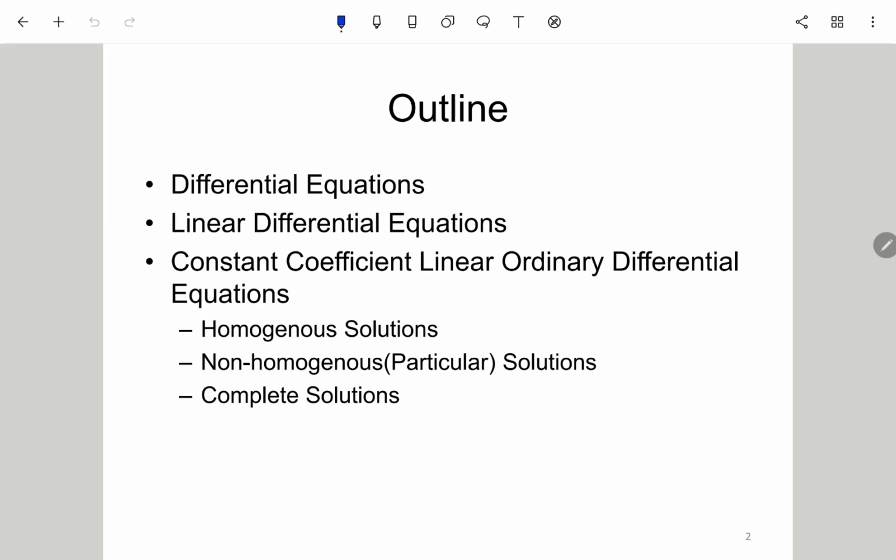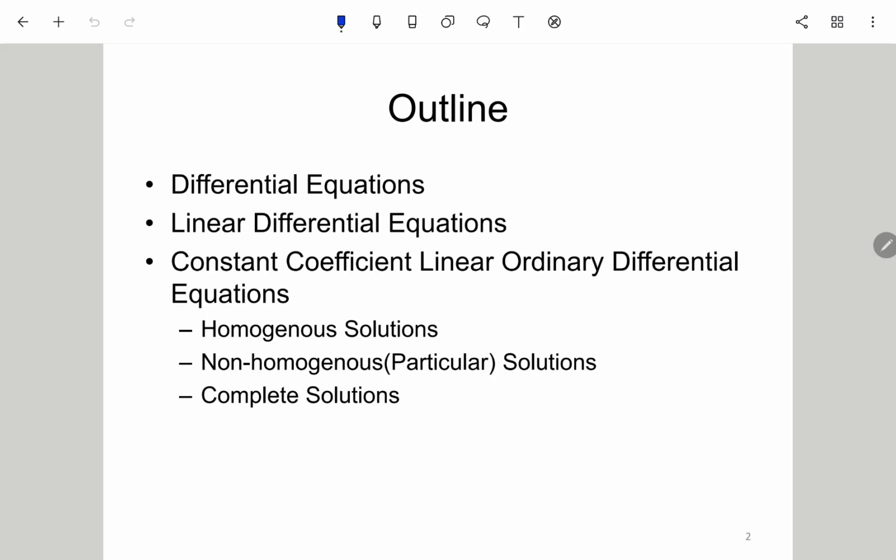So first, I'll try to explain what differential equations are. How does it differ from the algebraic equations that you know really well, I suppose. And then inside the differential equation, we have different types of classification.